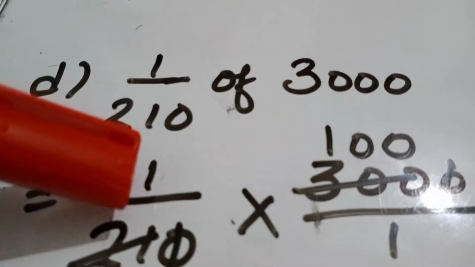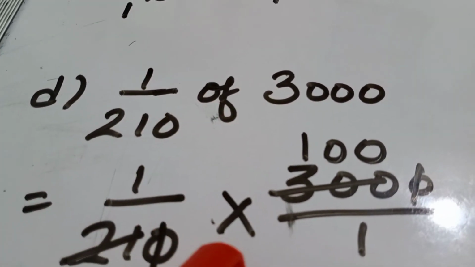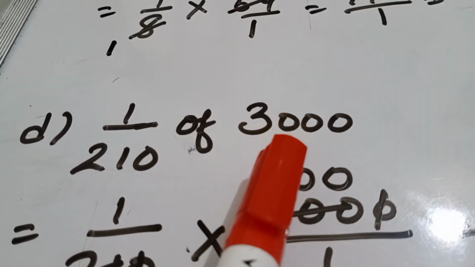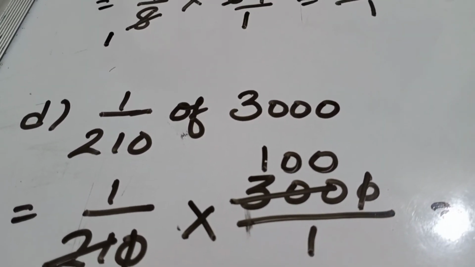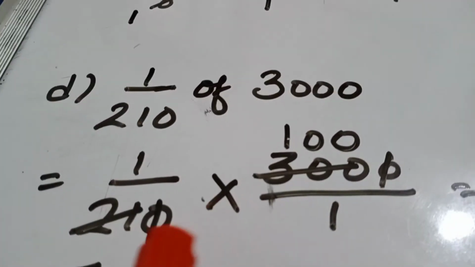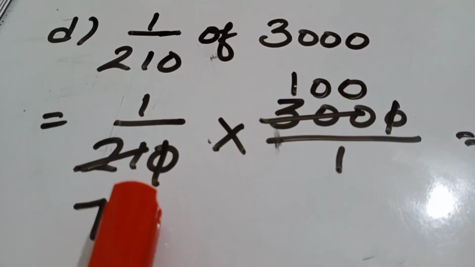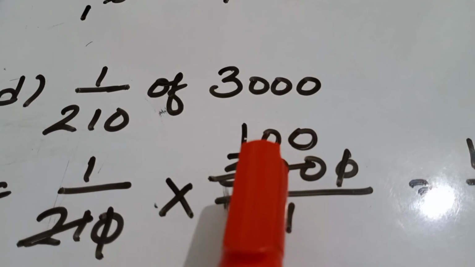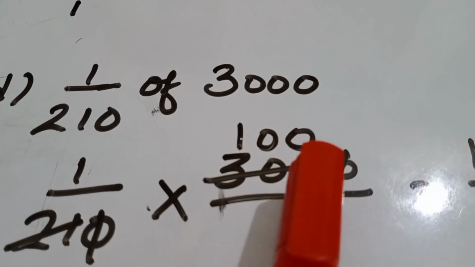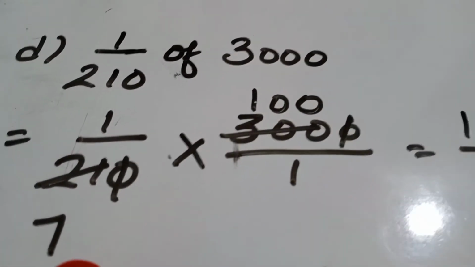So 1 by 210 of will be replaced with multiplication, and 3000. So here we cut the 10, leaving 21 and 300. 21 is divisible by 3, so we write 7 here, and 300 is also divisible by 3, so 100 will be there. So 100 divided by 7.